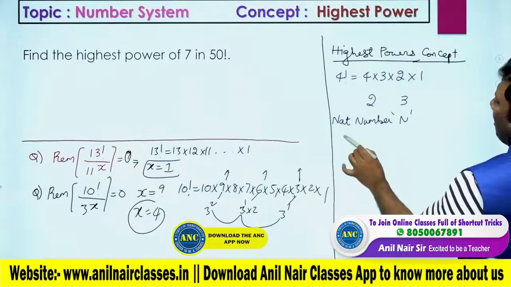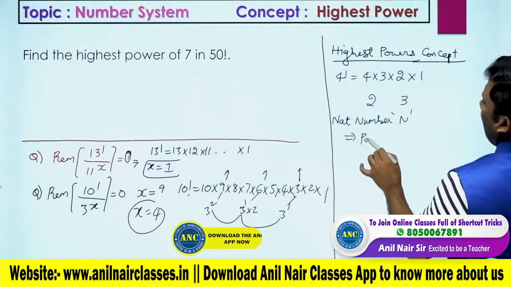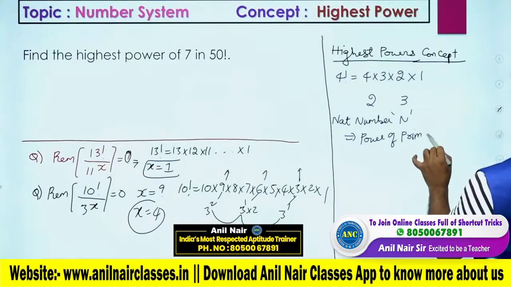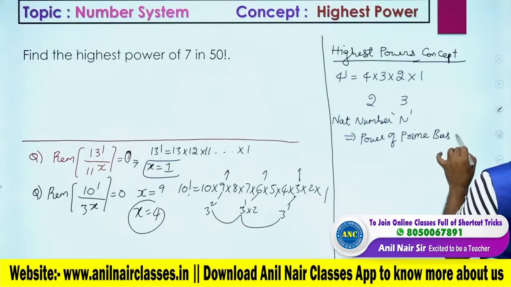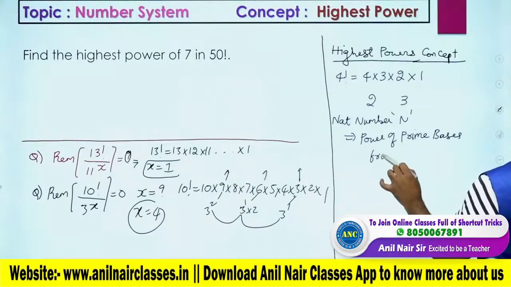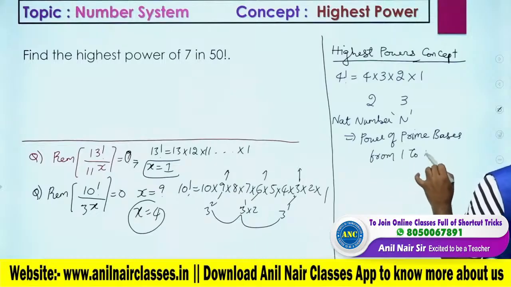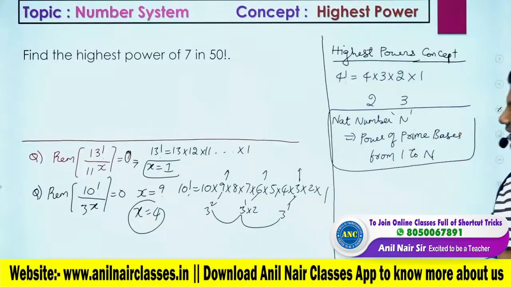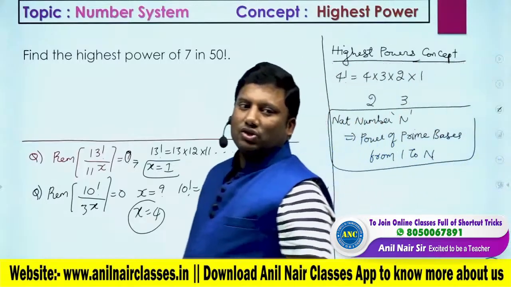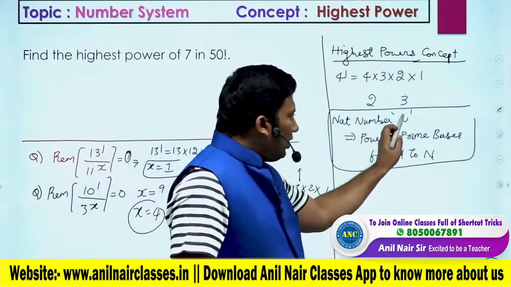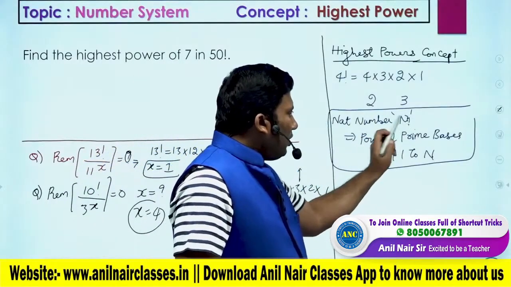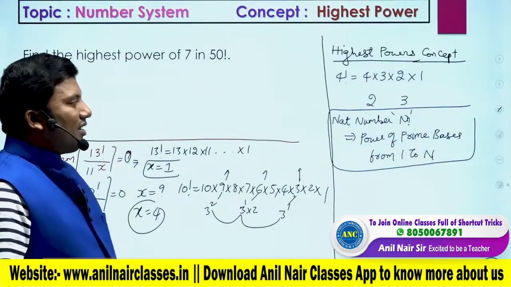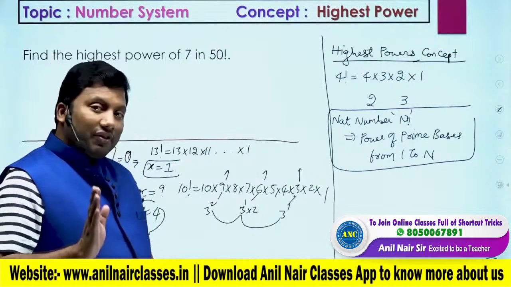A natural number n can be written as a power of prime bases from 1 to n. Make a note of this point. Obviously, it will be from 1 to n, so it cannot be greater than n. So every natural number n factorial can be written as a power of prime bases from 1 to n.